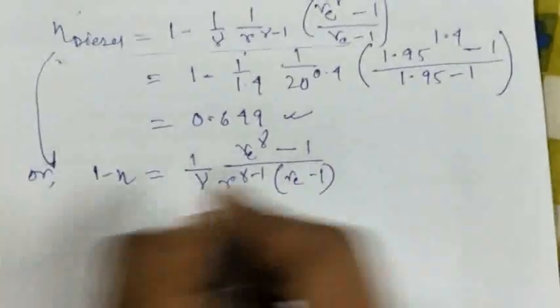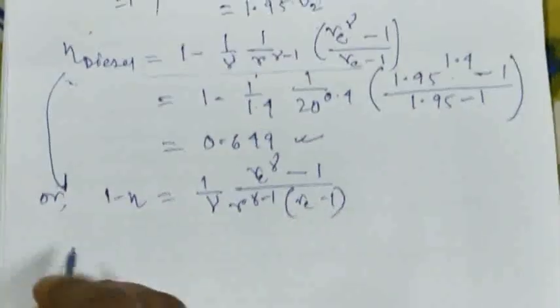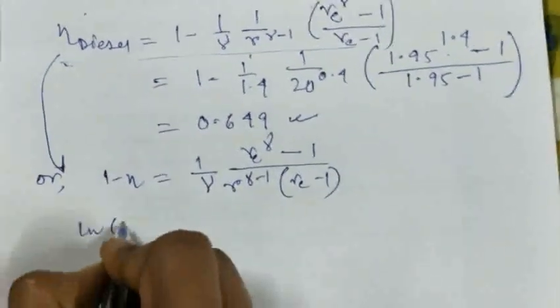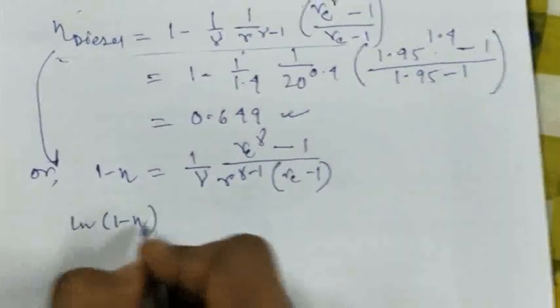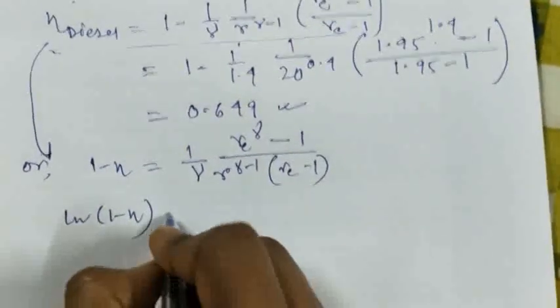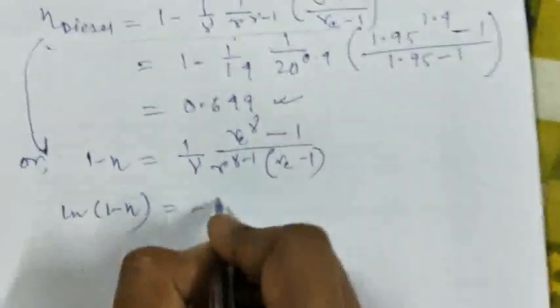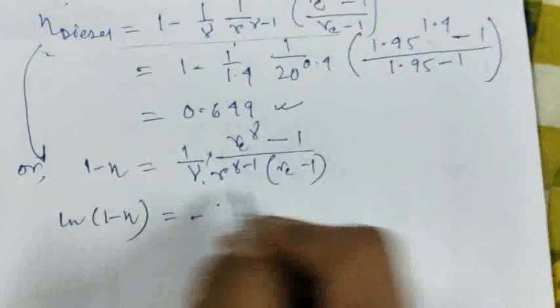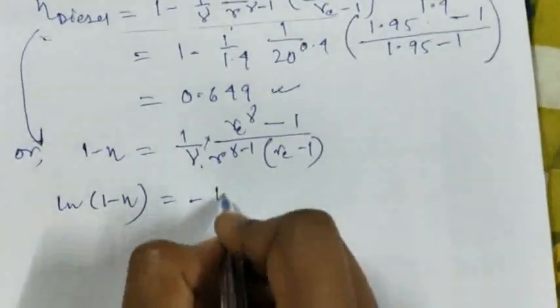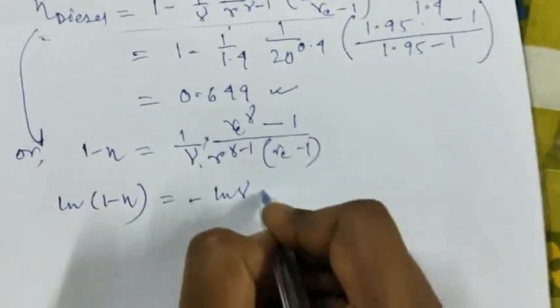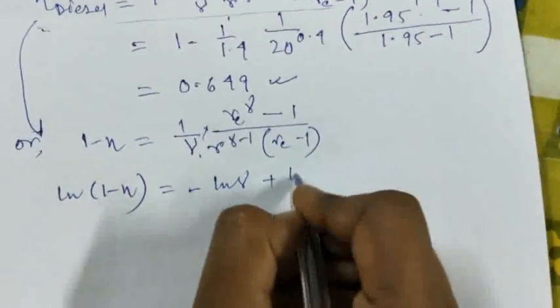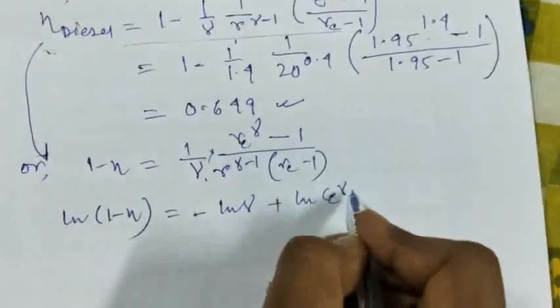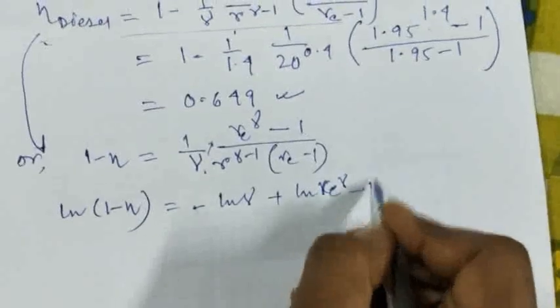Now taking log on both sides, the equation becomes ln of 1 minus efficiency equals minus ln gamma plus ln rc to the power gamma minus 1.